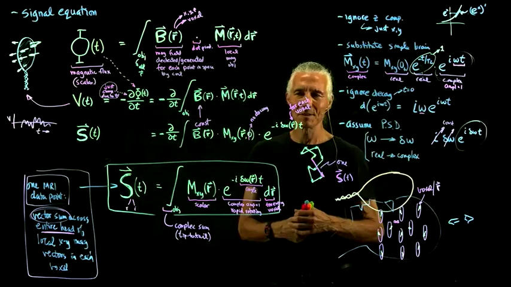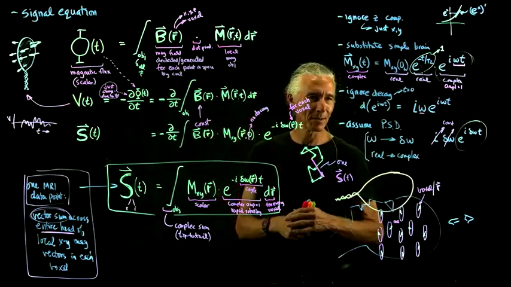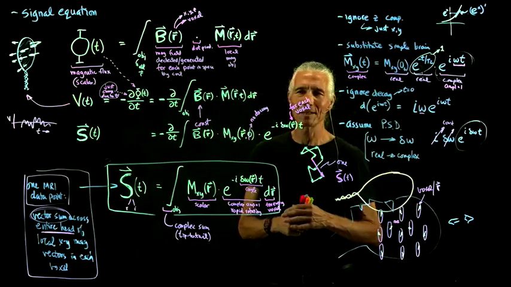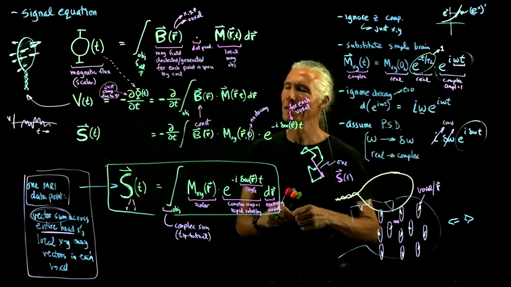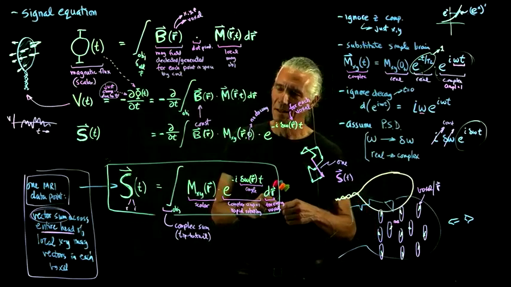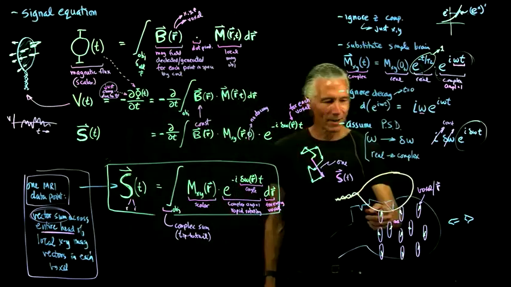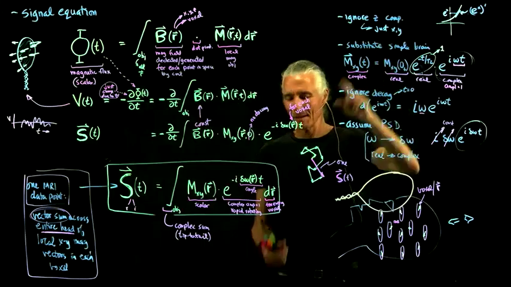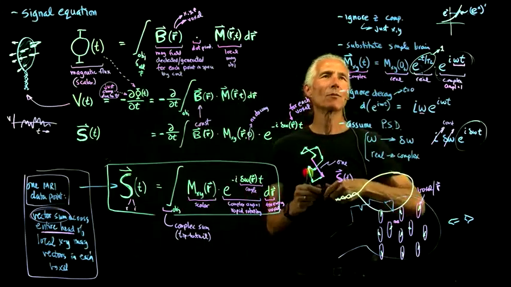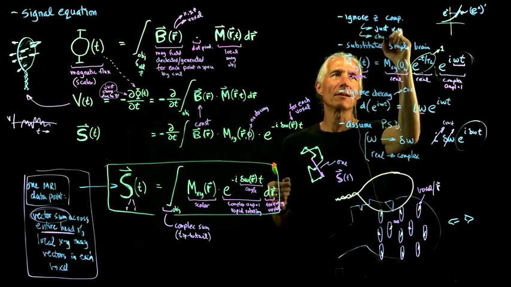So any other questions about any part? We can go back to the beginning, doesn't matter, the most basic part. So the question is, why do we ignore the Z component? The reason we ignore the Z component is it changes so slowly.